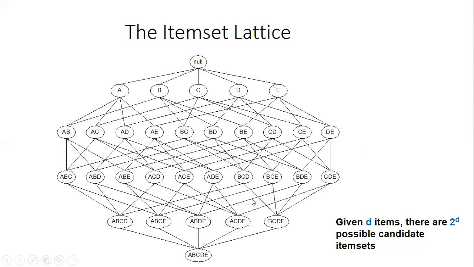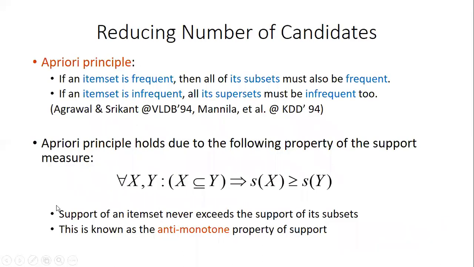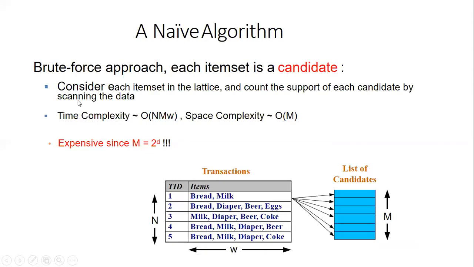So what was the result? The result was that it was computationally high. The time complexity was more and the space complexity was also more, and this approach was expensive because the number of candidates was equal to 2 to the power of d. Here m means the number of candidates, n means the number of transactions, and w means the average length of the item set.